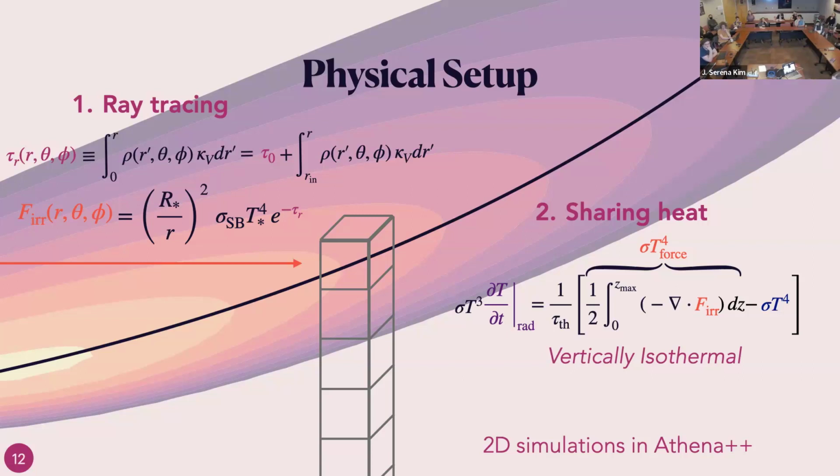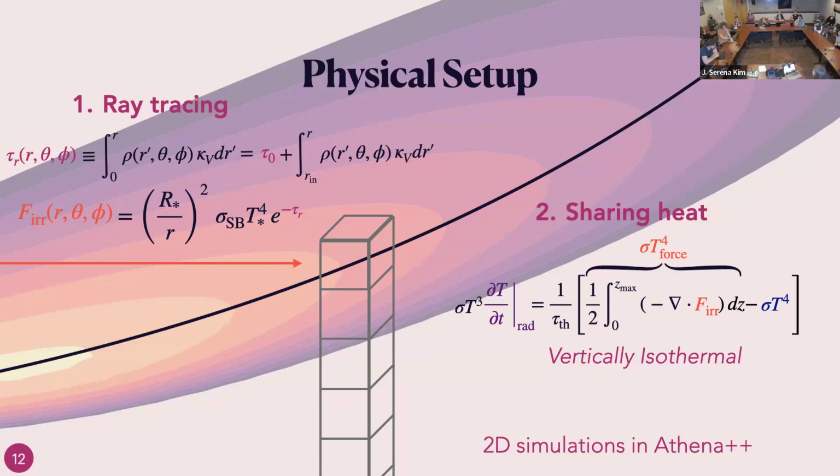Then we have a cooling term on the end of our thermal equation, which accounts for the dust midplane emitting. We call the temperature associated with the amount of energy deposited into the individual column of cells the forcing temperature. Really, this is just a relaxation equation.